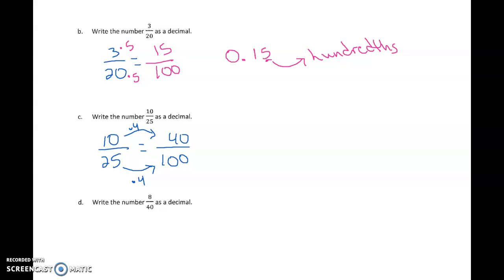Now, be careful with this one. Write it how you say it. 40/100ths, and this has to be in the hundredths spot. But you really don't need the 0, so you could write just 0.4, because that's the same thing as 4/10ths.